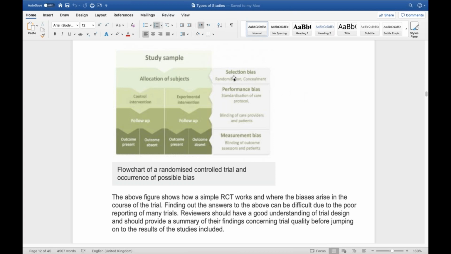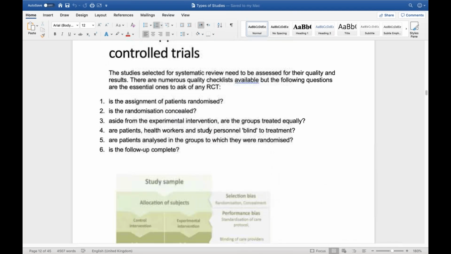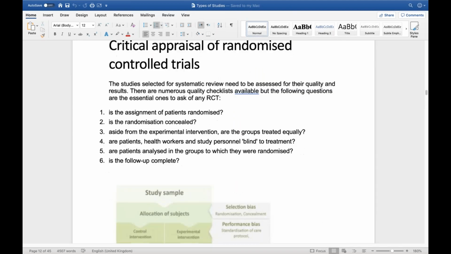So there are some biases here: selection bias, and that's why we randomize people; performance bias, and that's why we blind patients and we blind doctors; measurement bias, and that's why we blind the outcome from the statistician and from the clinicians. That's how we minimize the bias, and that's how we critically appraise papers.